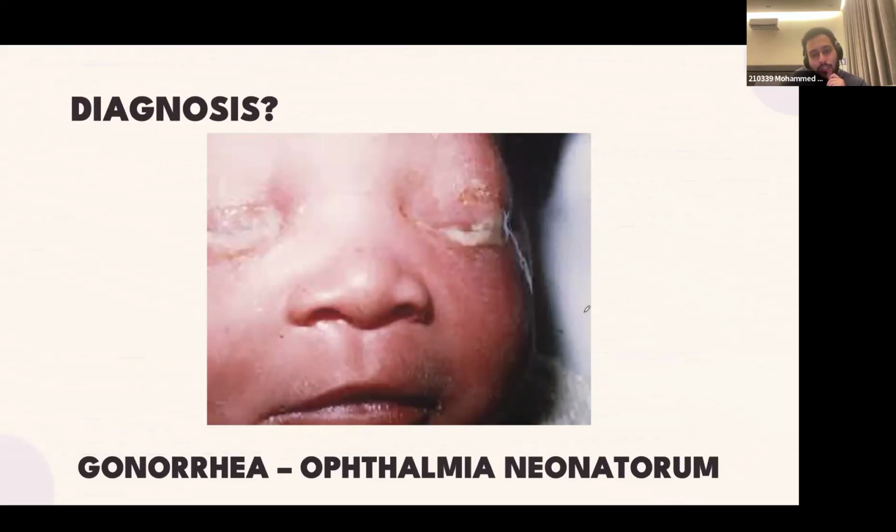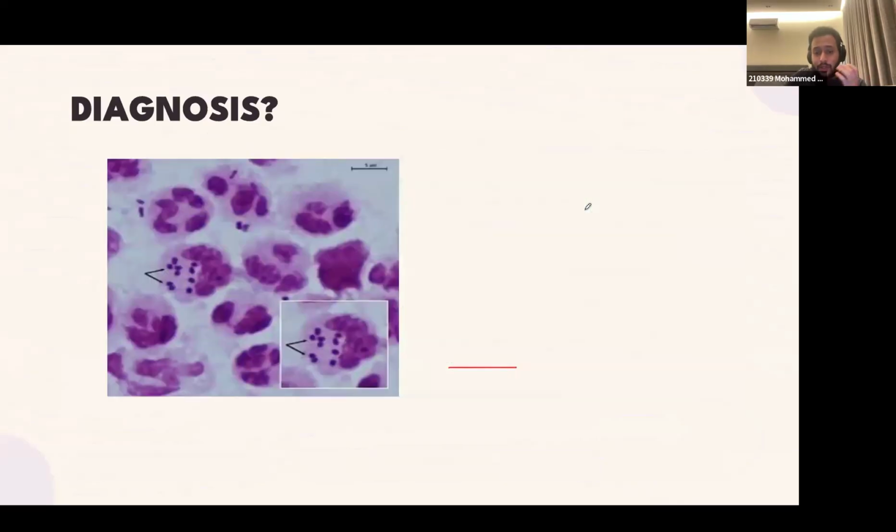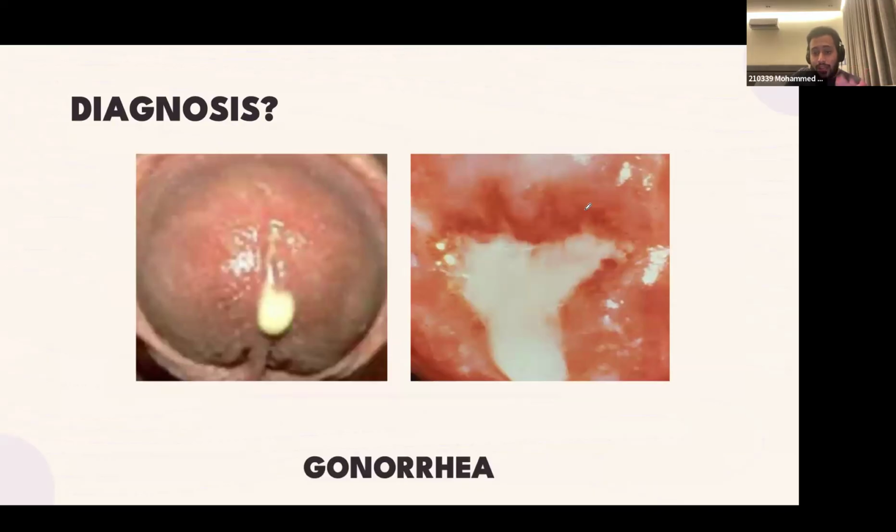Do you know the drug that we give? Ceftriaxone, excellent. And you give it topical for these patients. For Neisseria gonorrhoeae urethritis, which is this, you give them IM ceftriaxone, and you give them something else as well with it, which is azithromycin or doxycycline.